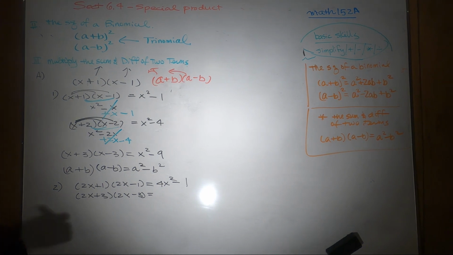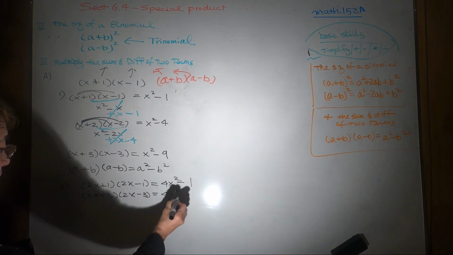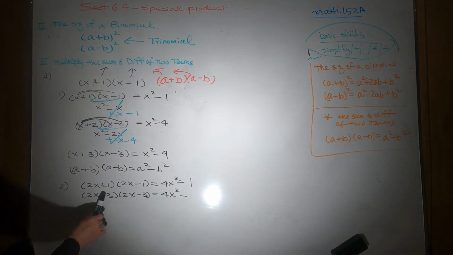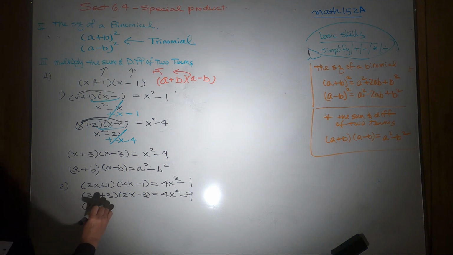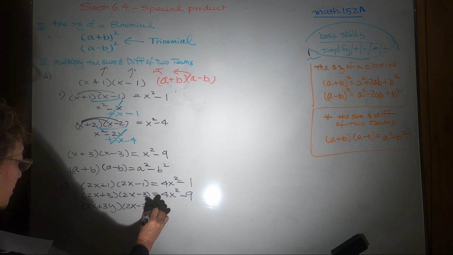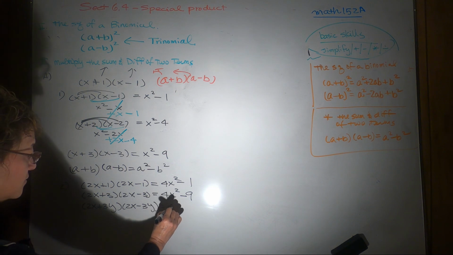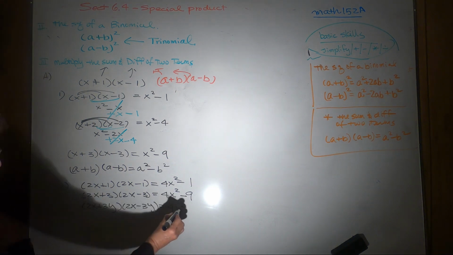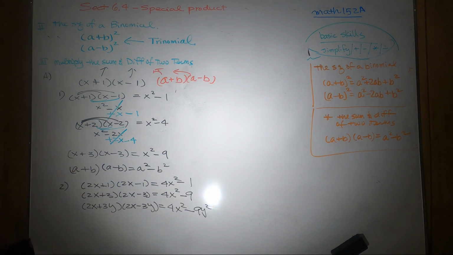And this one, 2x, 2x, 4x squared, and plus and minus 3 times 3, 9. Done. If you have 2x plus 3y times 2x minus 3y, what do you think? 2x times 2x is 4x squared, and minus 3y times 3y, 9y squared.